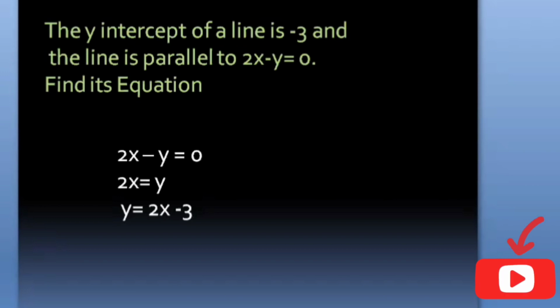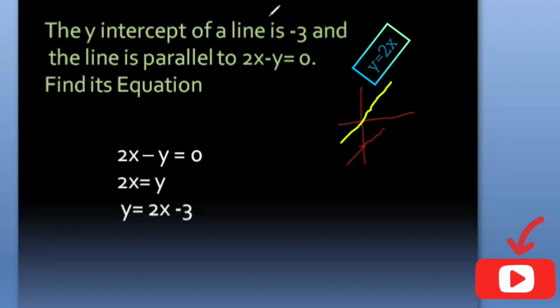Moving on to another example: the y-intercept of a line is -3 and the line is parallel to 2x - y = 0. Find its equation. So first, one line we have in the graph is intersecting at -3, and the line is parallel to 2x - y = 0, and one more line in the graph is parallel to this line.